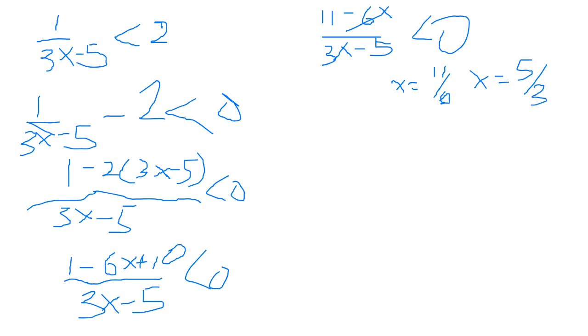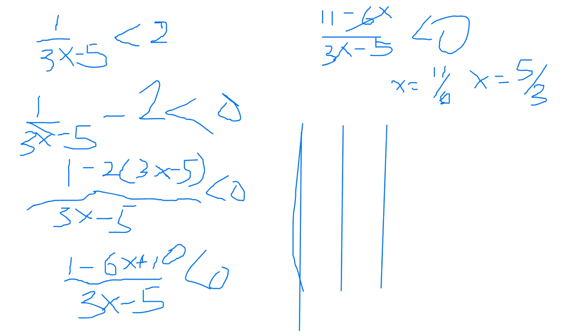So we draw our table like this. Now 11 over 6 and 5 over 3. Which one is the smallest?